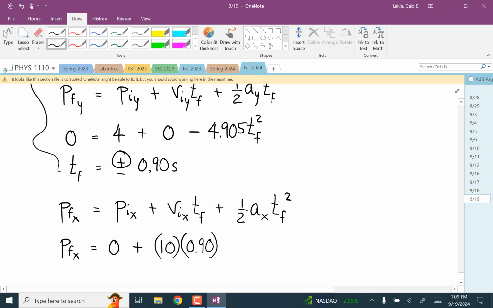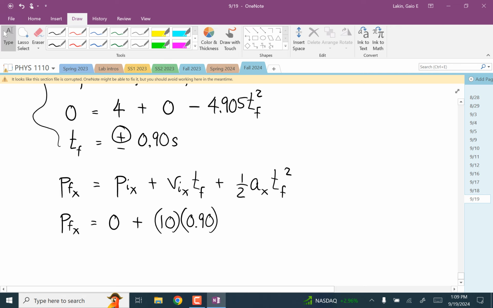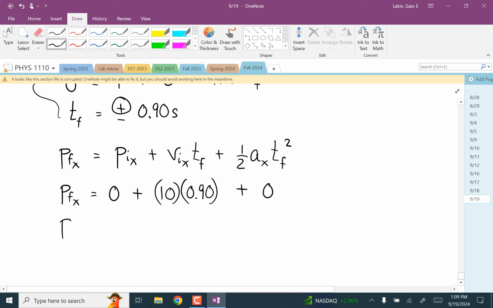This is something you have to be careful of because we're used to always using negative 9.81 for A, but the X component of the acceleration is 0, so this term goes away. And we get that P F X is equal to 9.0 meters. So this ball hit the ground 9 meters away horizontally.